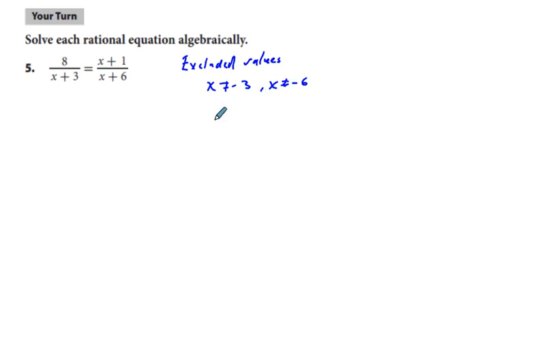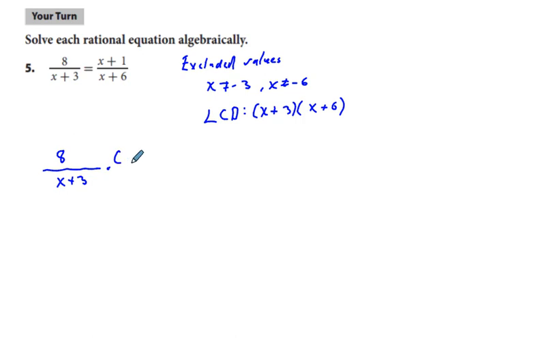Okay, and our least common denominator is going to be quantity x plus 3 times quantity x plus 6. So now we can just work this out. So this 8 times, and the concept we're doing here is clear the denominator.